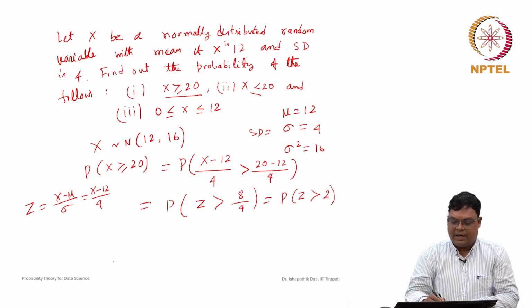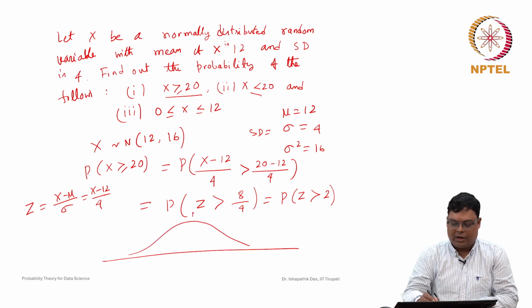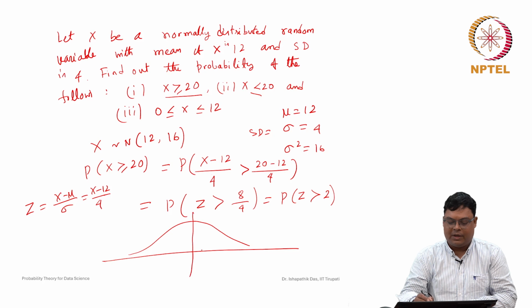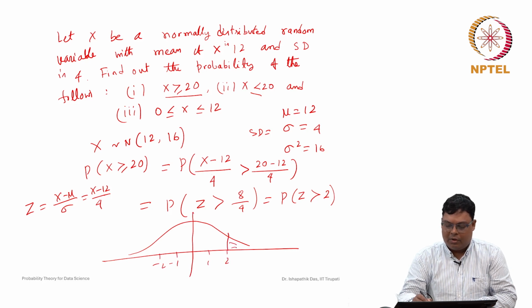Now, z is a standard normal variate. Suppose this is the standard normal distribution, approximately this curve, and this is 1, this is 2, similarly this is minus 1, this is minus 2. Now, z greater than 2, if you want to find this area, by symmetry it is the same as z less than or equal to minus 2.